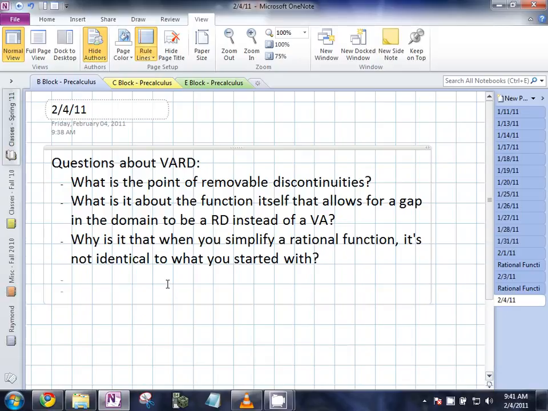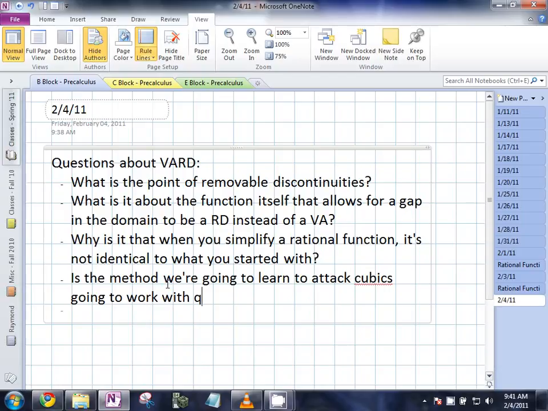The factoring for powers higher than 3, does it still work, like if you get up until the 5th power? Okay, so is the method we're going to learn to attack cubics going to work with quartics, quintics, and higher?